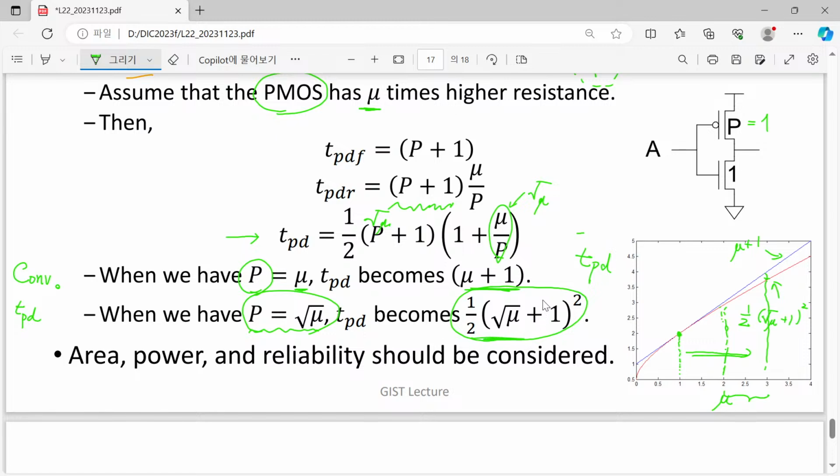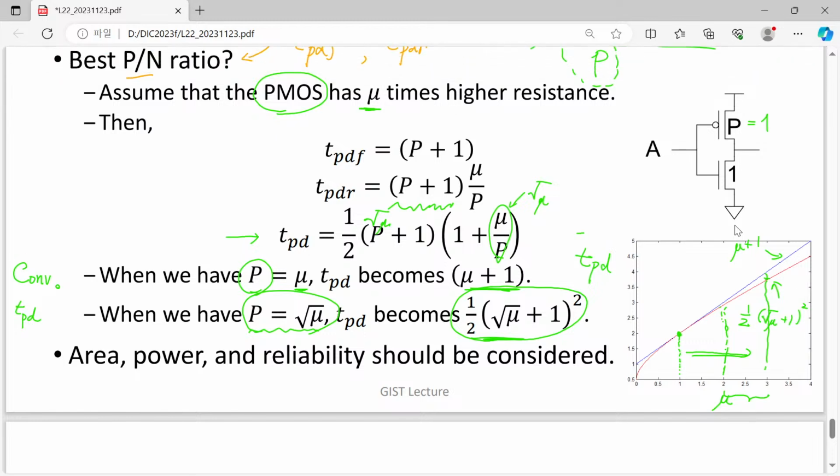So you can slightly get a better average propagation delay. Well, although this is the last slide of today's presentation, the main deliverable in this slide is not this one.